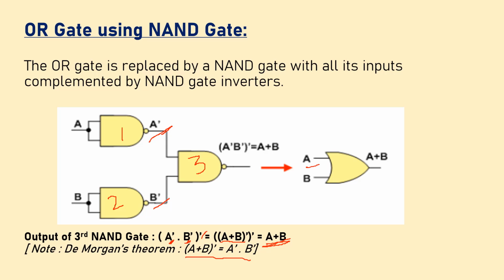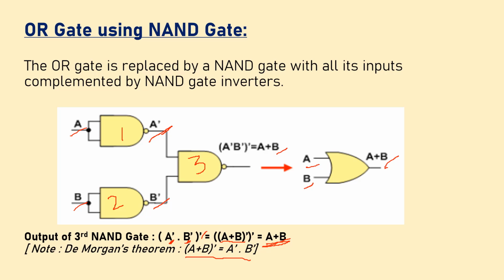You can check here, A and B are given as inputs, and as an output we are getting A plus B. So this is how we can construct the OR gate using NAND gates.